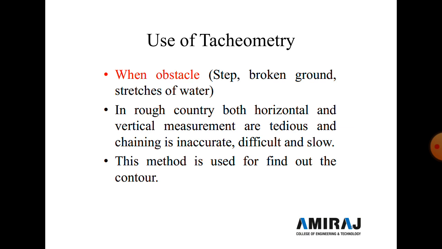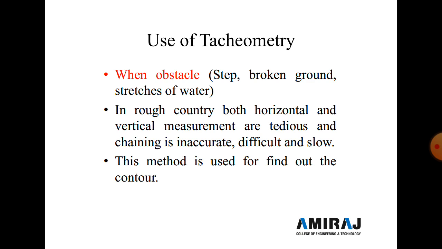These types of surveying we generally use for finding out the horizontal distance, and in a rough country both horizontal and vertical distance measurement are tedious, and chaining is inaccurate, difficult and slow. At that time we use the tacheometry survey for finding out the horizontal as well as vertical distance, and this method is generally used for contouring work.